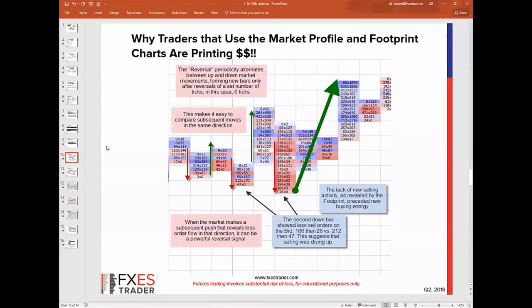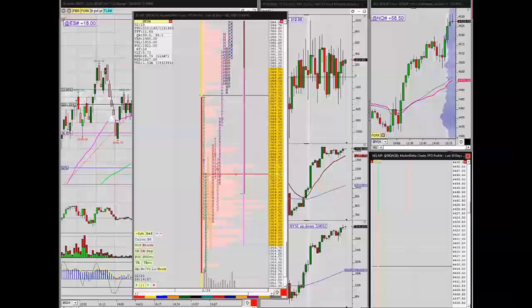So what does a footprint look like? Let me just move this other screen over.